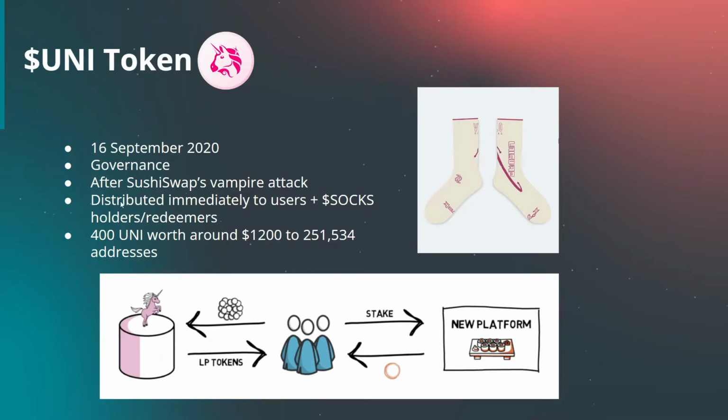The tokens were distributed mostly to the earliest users of Uniswap, who provided liquidity or swapped assets in Uniswap, etc. And there were also some socks holders, which is that image as you see. It was an NFT, and if you bought one of those, they would send you Uniswap socks as a gift.